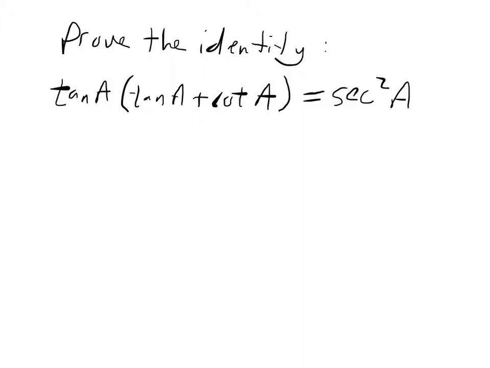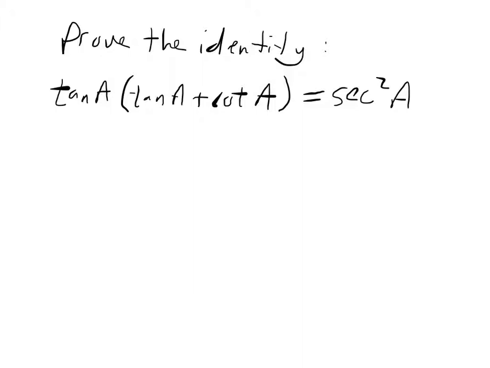So again, we said one of our strategies is to just go ahead at times and convert everything into sines and cosines, and I can do that. But I also might want to take a look and see if, for example, multiplying out might give me something that's simplified pretty quickly. And looking at this, tan squared, but then tan times cotan, those are reciprocals, that's 1.